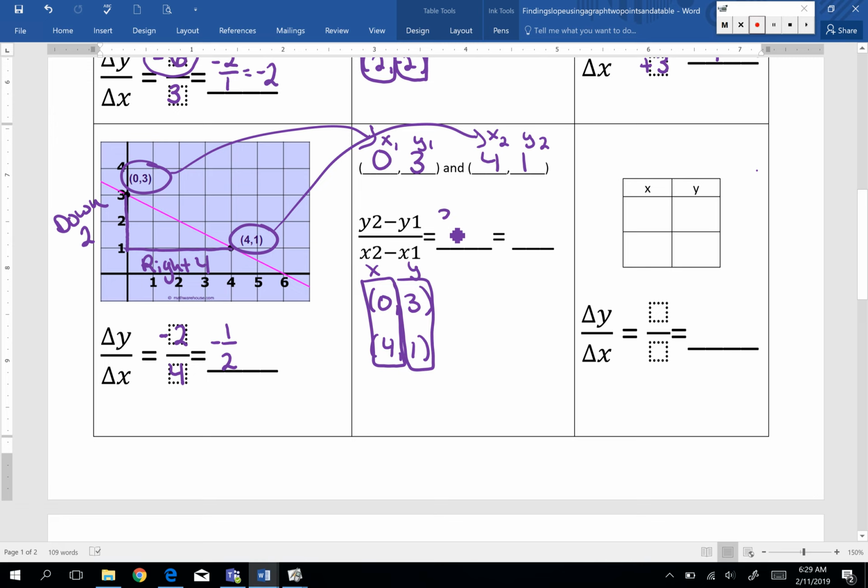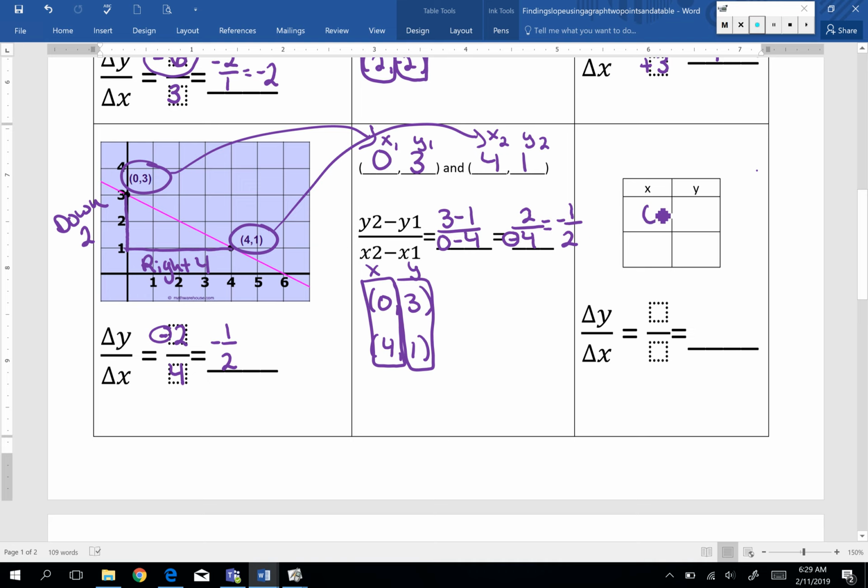My Y's are 3 minus 1. My X's are 0 minus 4. 3 minus 1 is 2. 0 minus 4 is negative 4. Again, we see that in the first one the 2 was negative, in the second one the 4 was negative. Doesn't matter, as long as one or the other is negative, we still get our negative 1/2.